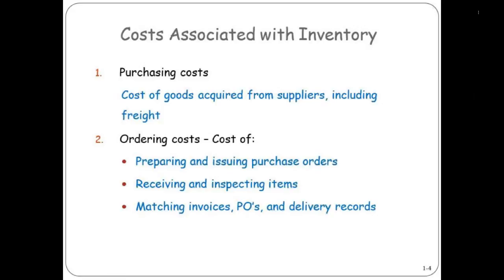When the order comes in, you have to receive that order and inspect it on the receiving dock. And then you have the three-way match between the invoice, the purchase order, and the delivery records or the receipt records. Have you talked about this three-way match in other classes?